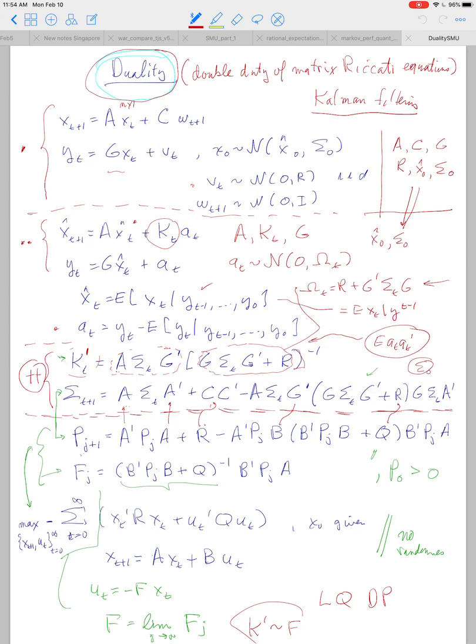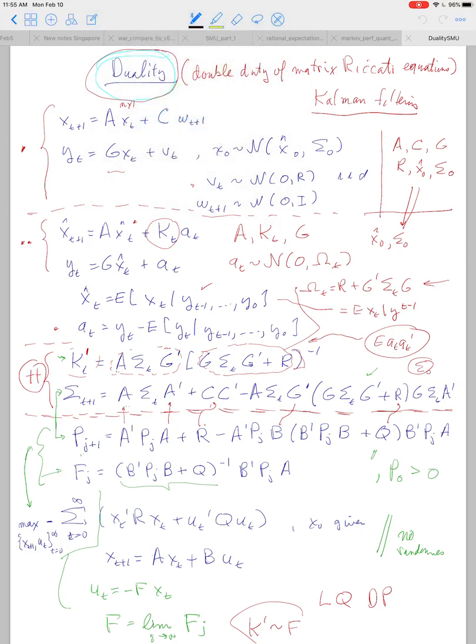So here goes. It's going to be a connection between two problems that at first might seem unrelated, but it turns out they're intimately tied together. So the message that we're going to get is these matrix Riccati equations do double duty.